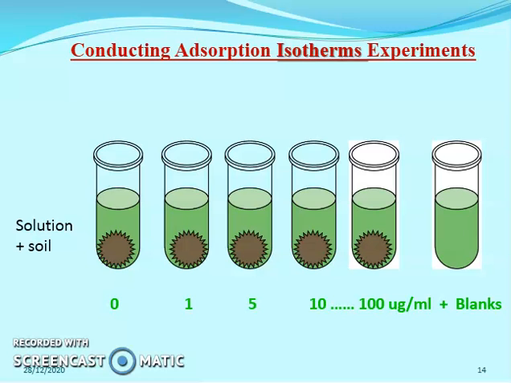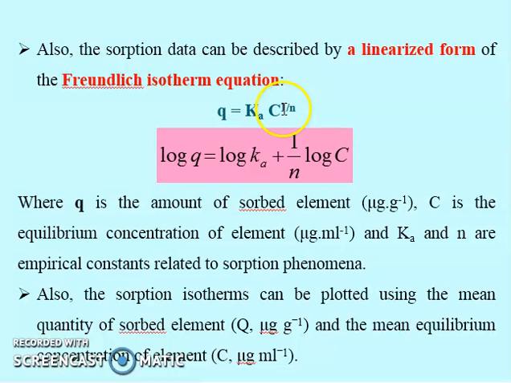The first are C and Q. Now you want to calculate K and n, 1 over n, to help you know if the relation between adsorbent and adsorbate is favorable or not, by calculating n and K.